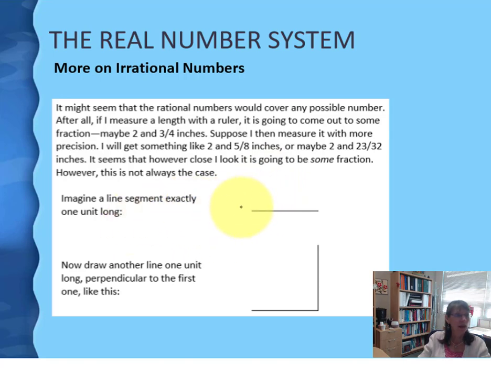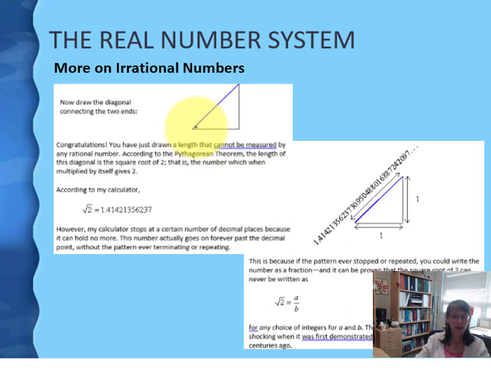Here's an example. If you draw a line segment that's maybe 1 inch long, and draw another line perpendicular that's also 1 inch long, then connect those lines with this diagonal. This is called the hypotenuse. You will then find that the length of this hypotenuse is the square root of 2. And we just talked about the square root of 2 and how it is an irrational number.